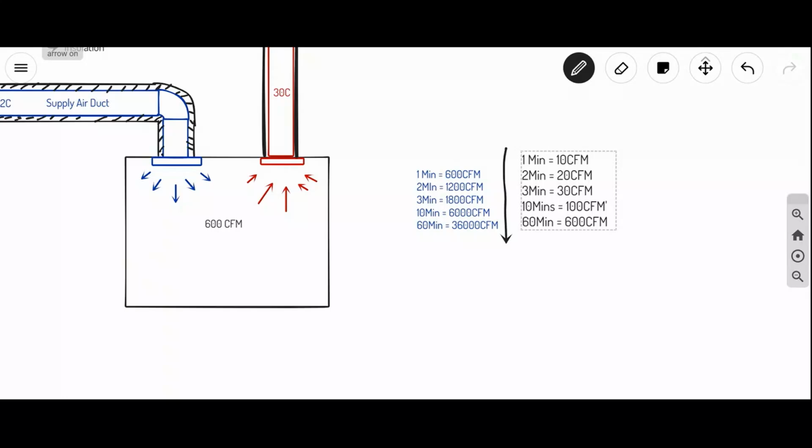So we use an exhaust fan also, sir, same place. Where are you talking? Okay, it is 600 CFM.